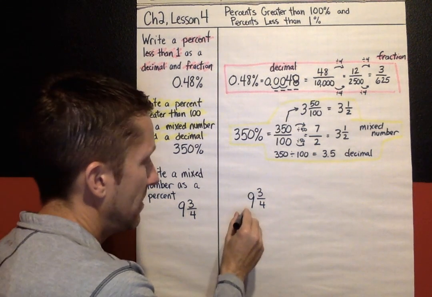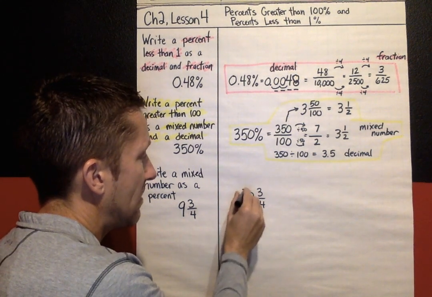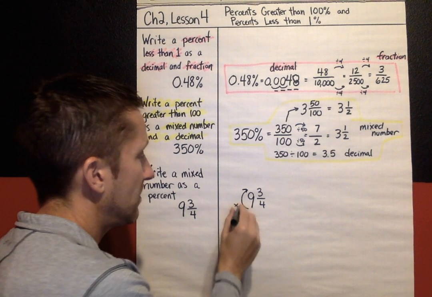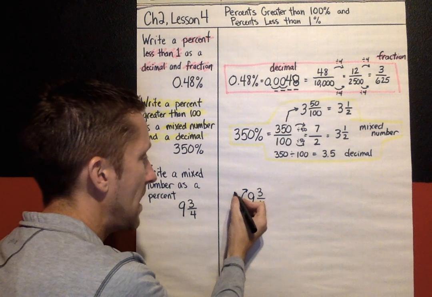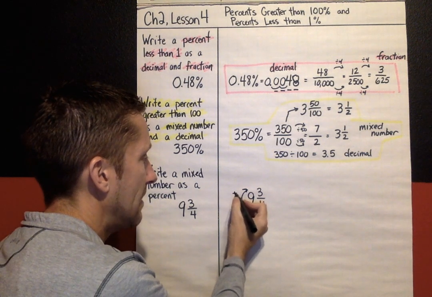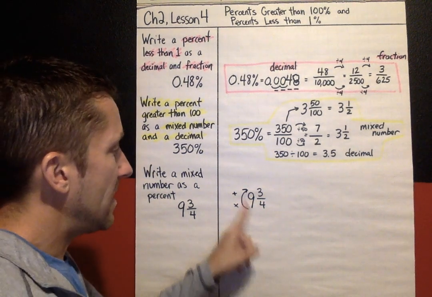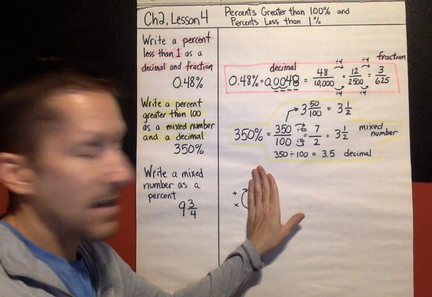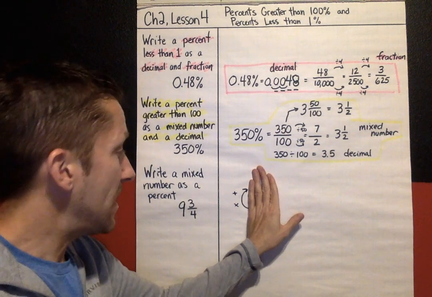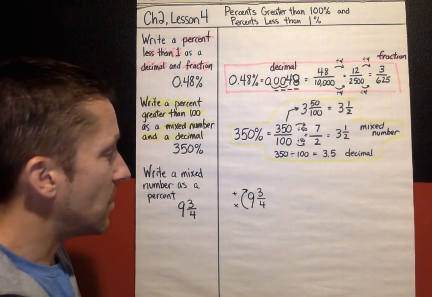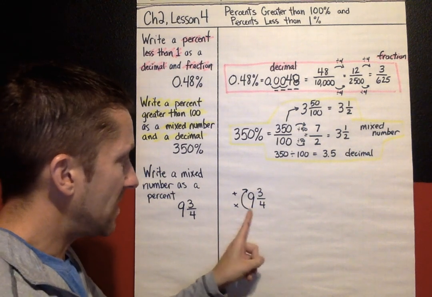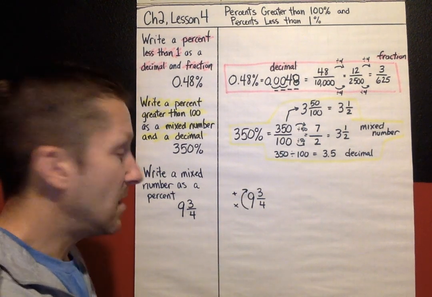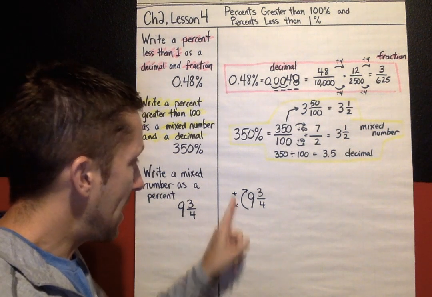To do that, I am going to use something that I call the mad face. Some kids call it the dead face. That's an X for multiply, and this is an add. If you look at it like a texting face and turn it sideways, it looks kind of like a dead face or a mad face. How you use the mad face, the arrow tells you the direction to go, and it's multiply and then add.